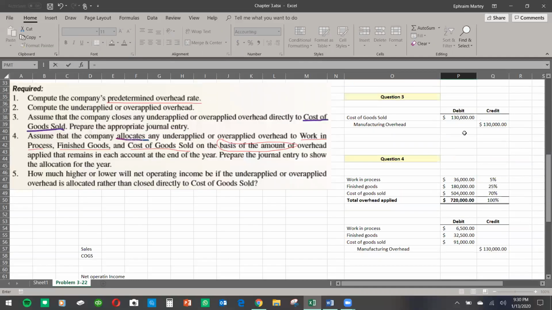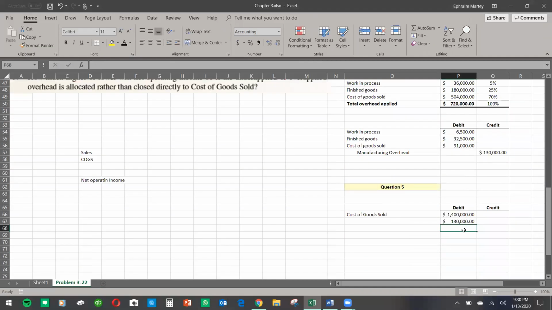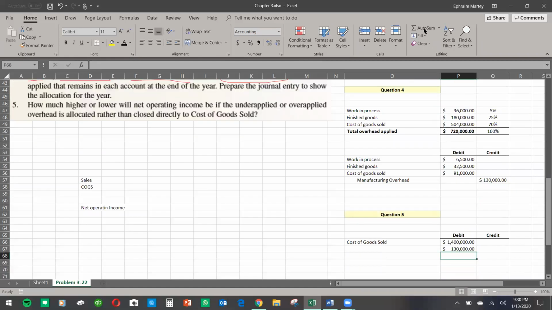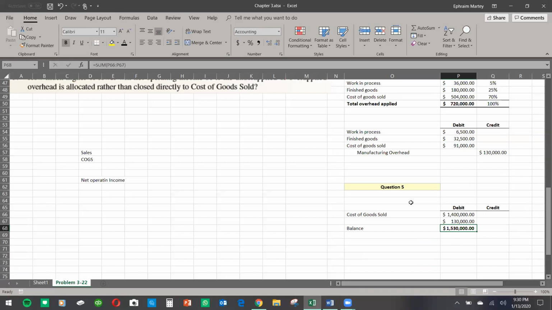So the balance of cost of goods sold will be 1,530,000. So this will have been the balance if we did it directly.